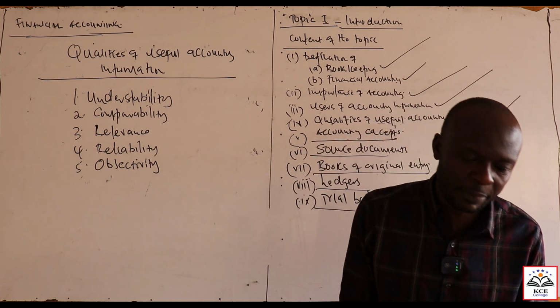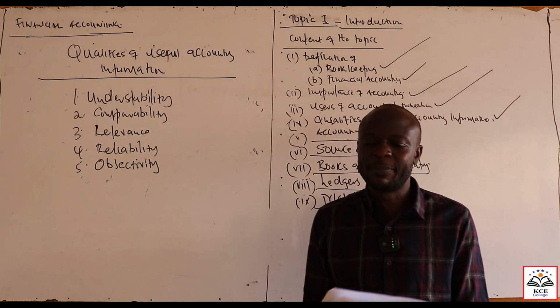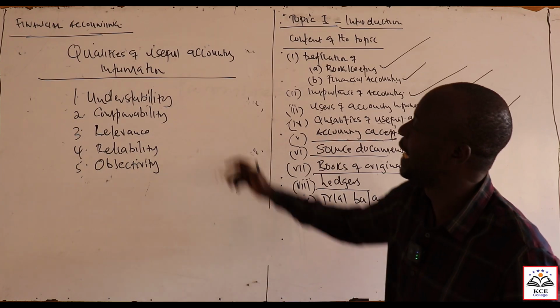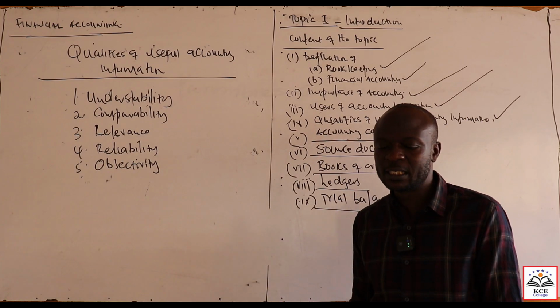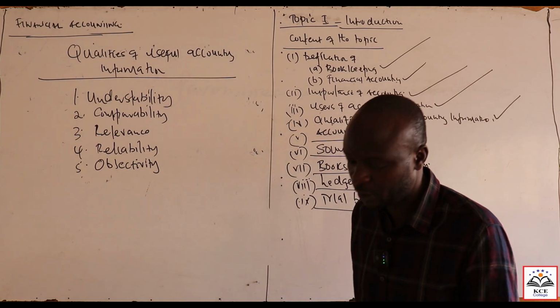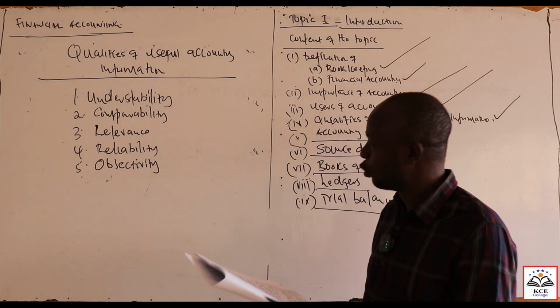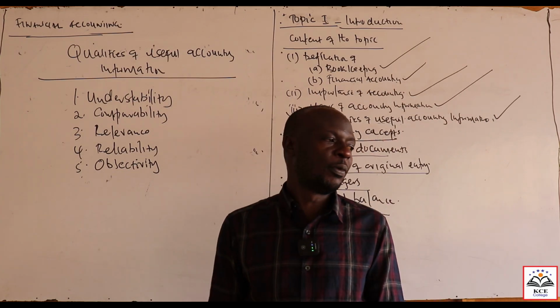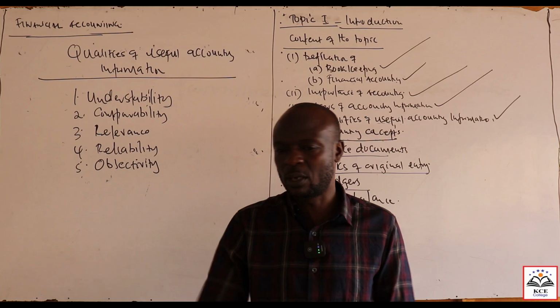Number one, understandability. It is a measure of how easily an individual can comprehend a business entity's financial information reports, not necessarily whether you have a financial background or not.